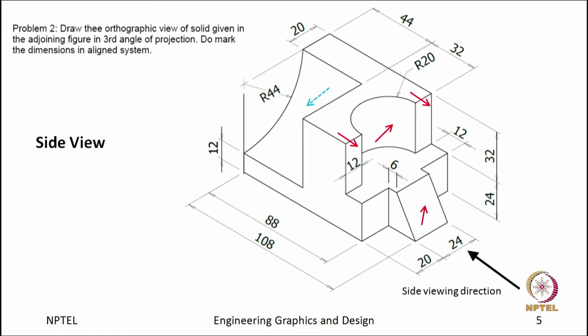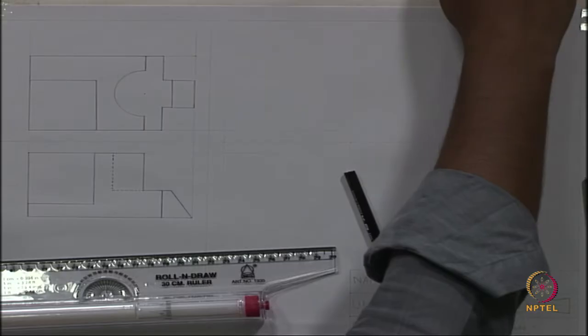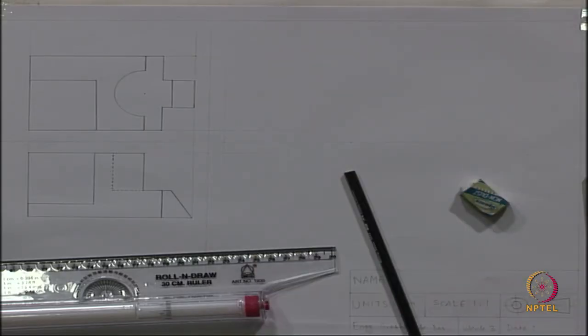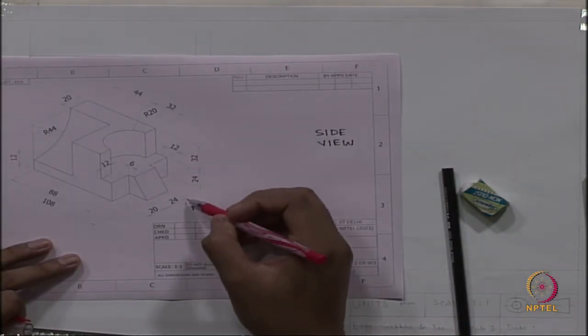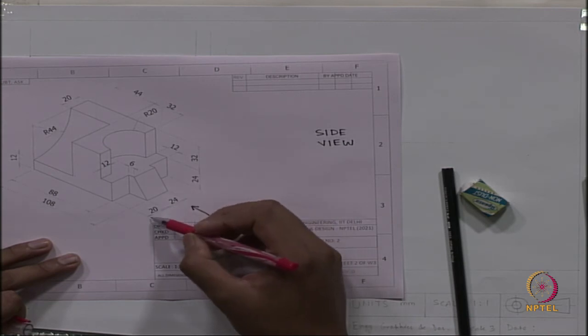Another important thing is, this time we will not make it separately, we will make it with the help of the front view and top view. For your side view, what is the length?